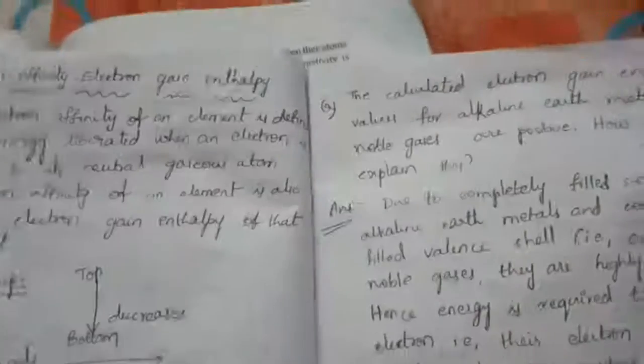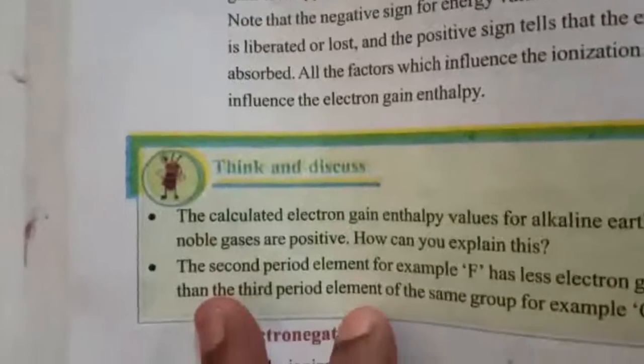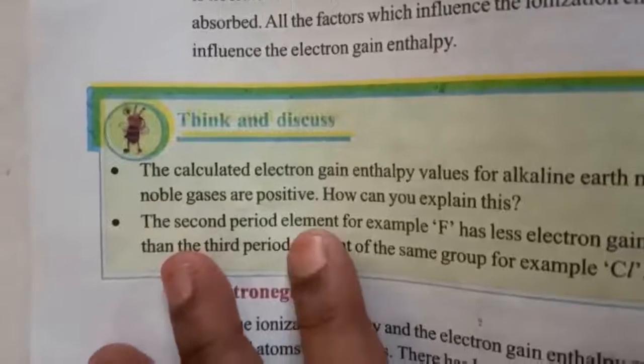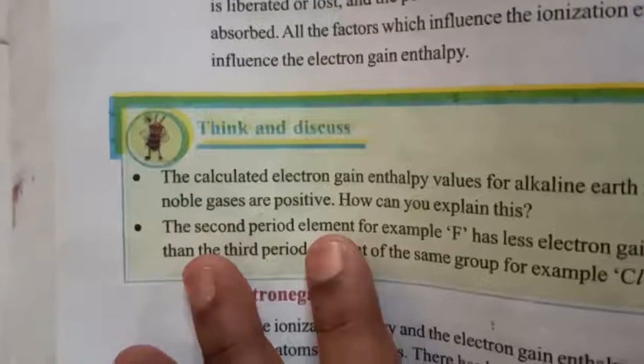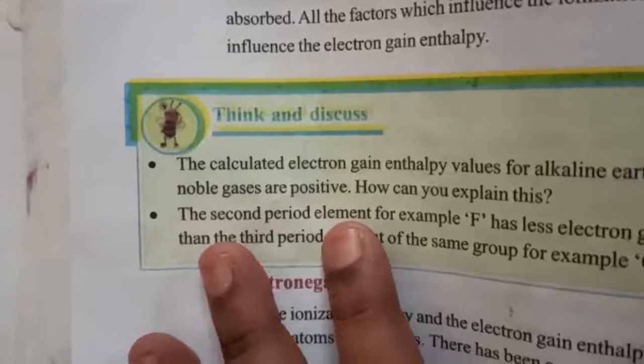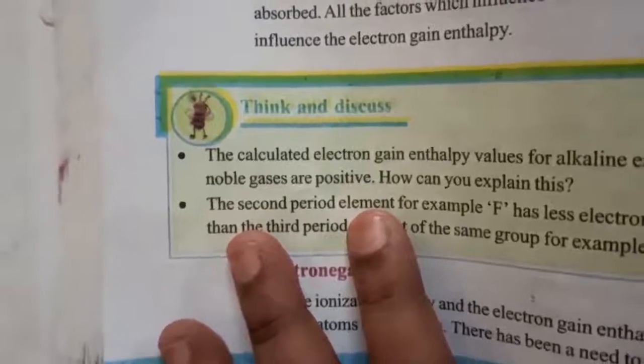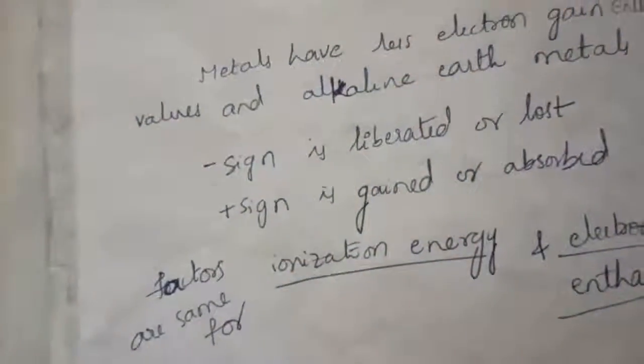Here is one question given in your textbook: the calculated electron gain enthalpy values for alkaline earth metals and noble gases are positive. Why? When will the sign be positive?